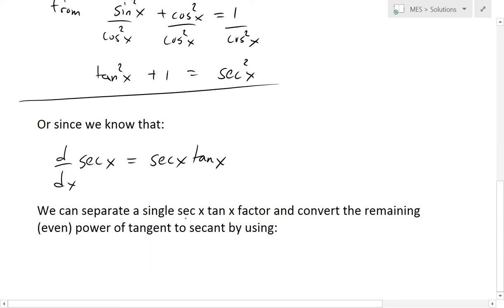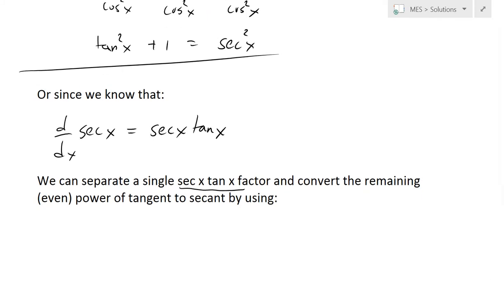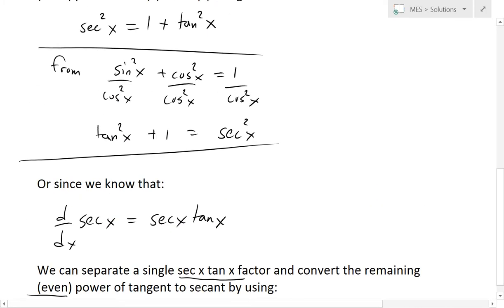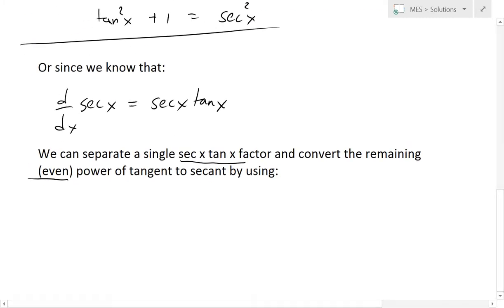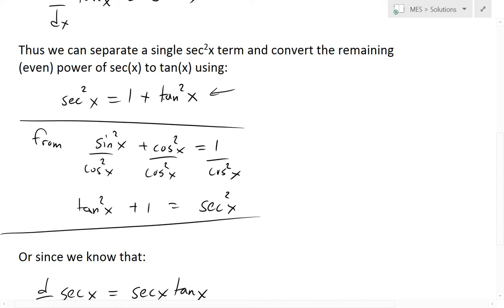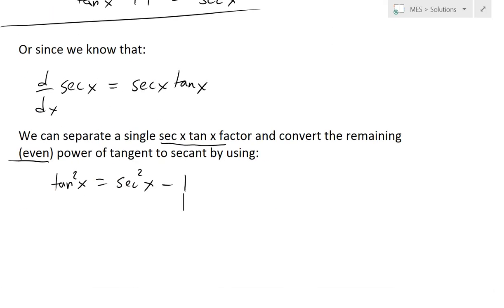We separate a single secant x tan x factor and convert the remaining power of tangent, which has to be even because we're using an even identity, to secant, by rearranging the above formula: tan squared equals secant squared minus 1.